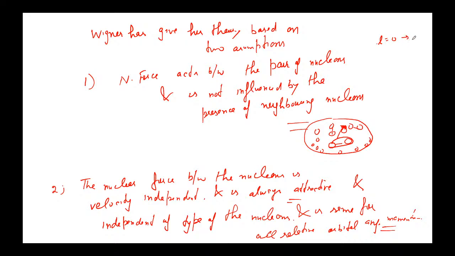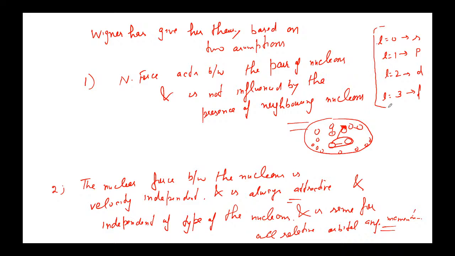When L is 1, the nucleon is present in the p orbital, and similarly for 2 it is present in the d orbital, and when L is 3 it is present in the f orbital.